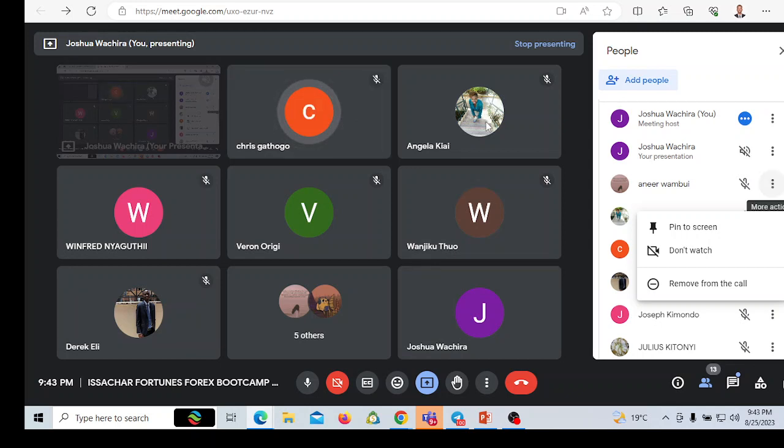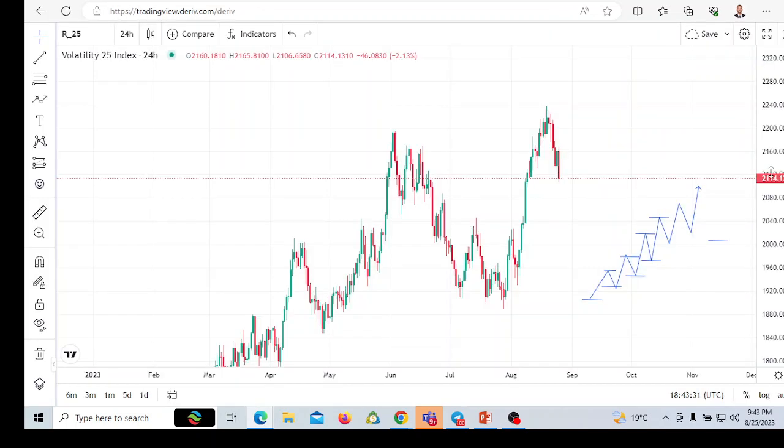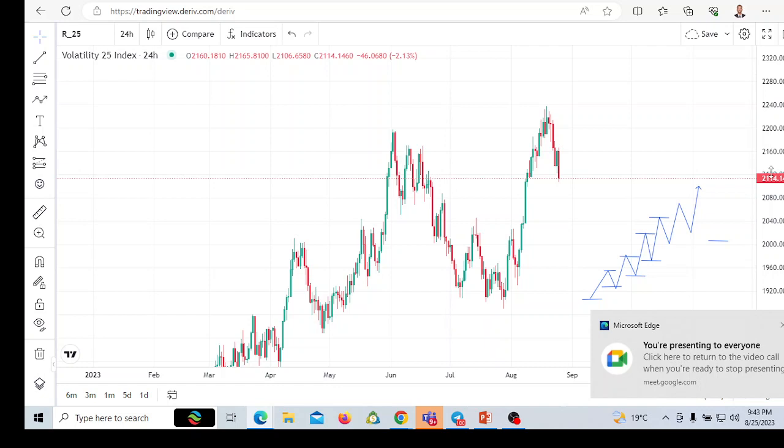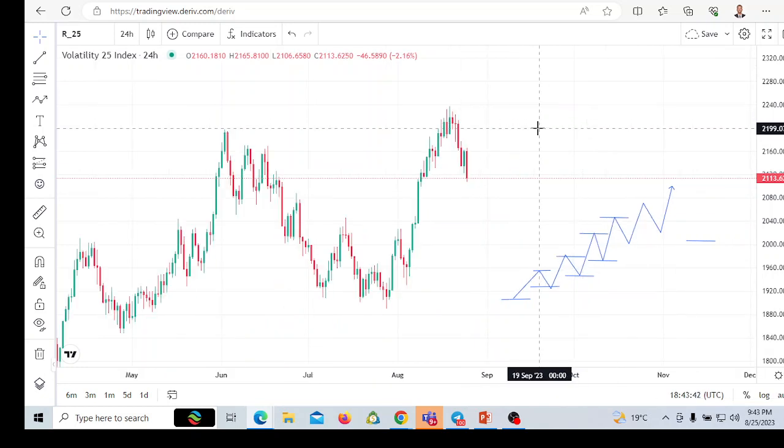Thanks. So yes, and here the same way we were looking at now the difference between a range and structure. For structure we don't focus on the wick, we focus on the candle body.